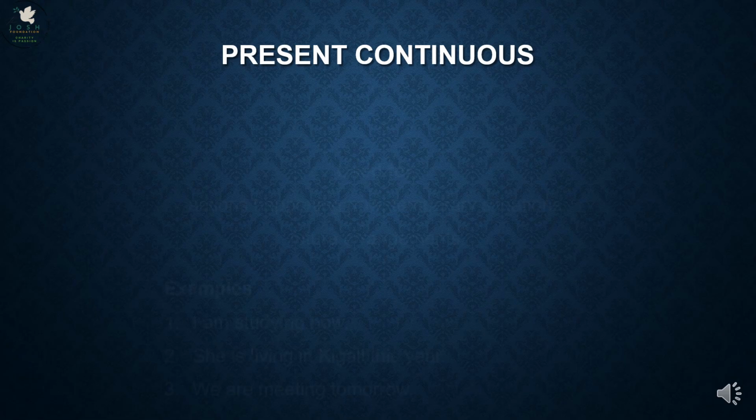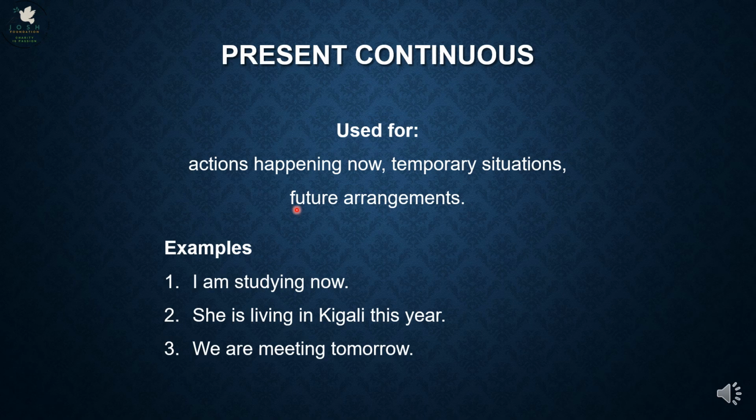Let's continue with the present continuous. We use present continuous for actions happening now. What is going on this time, now? Temporary situation, something happening but not for a long period of time. It's just a short period of time. Future arrangements.